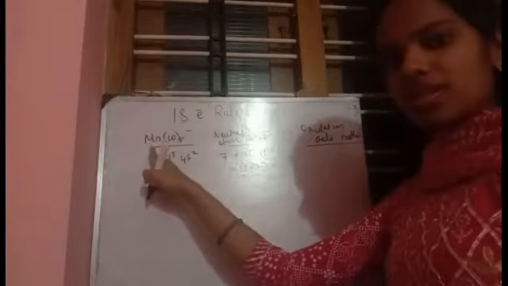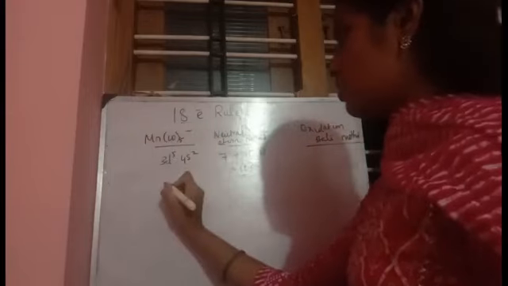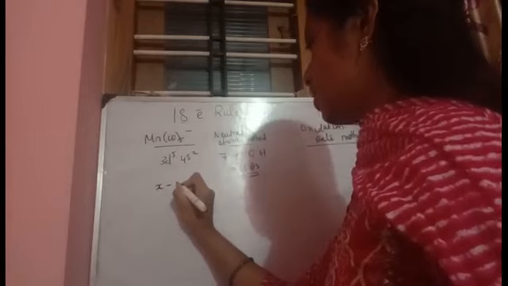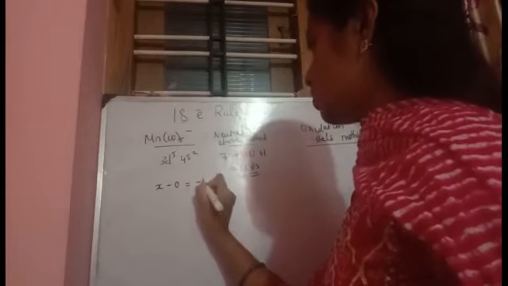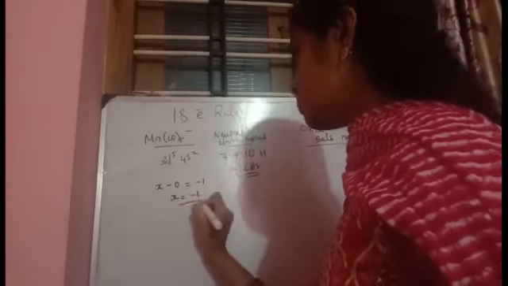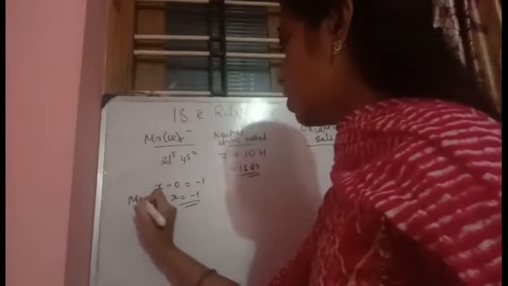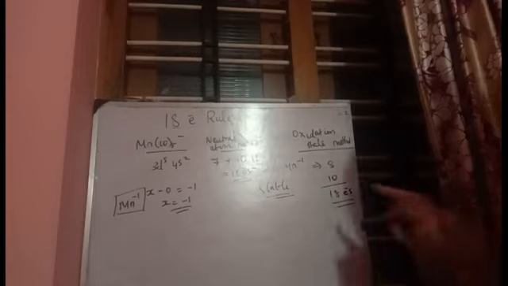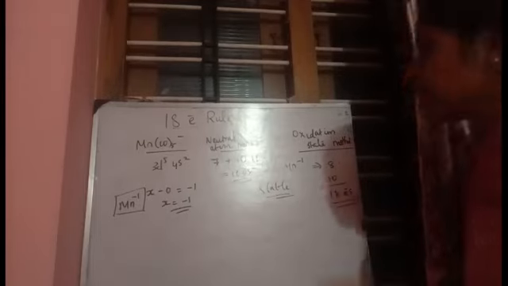Now in the oxidation state method you are going to consider Mn in its oxidation state. Here the oxidation state of Mn is, say, x minus 0 equals minus 1, so x is equal to minus 1. Manganese is in the minus 1 oxidation state.